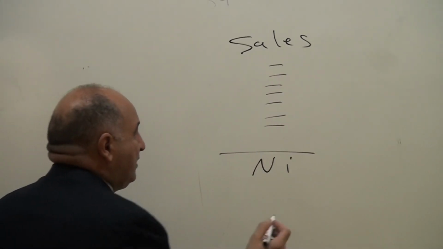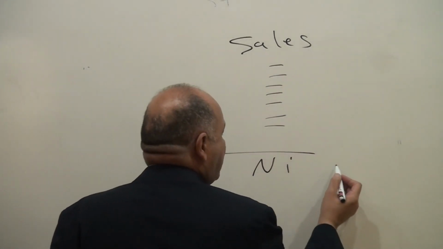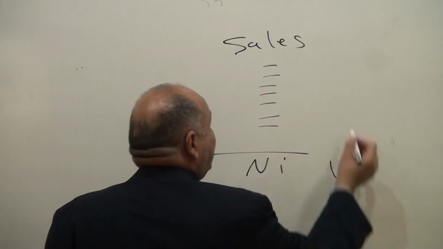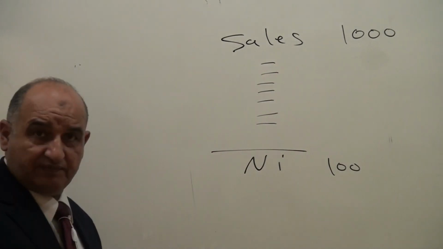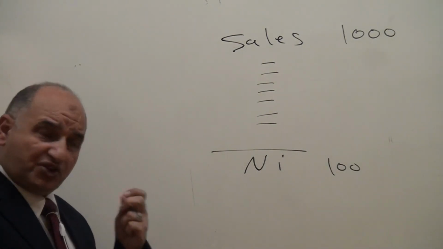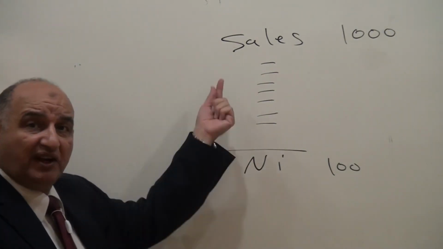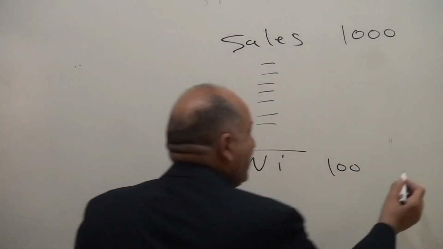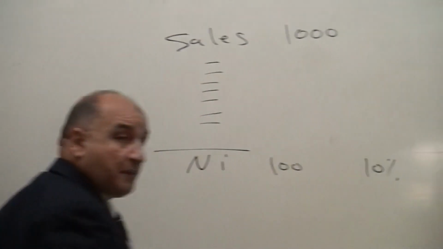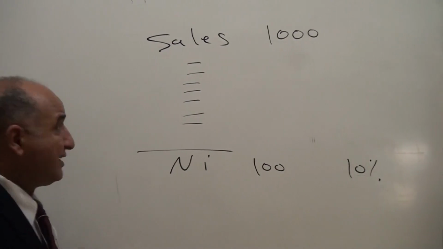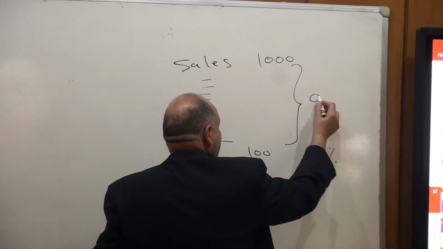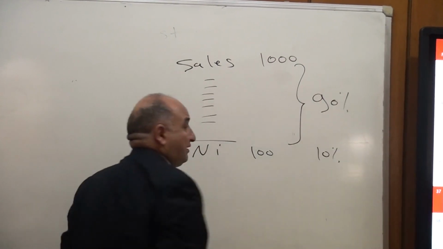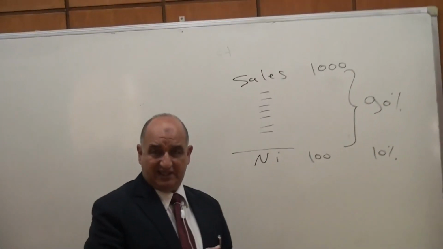Assume we have net income equal to 100 and our sales are 1,000. Profit margin equals net income divided by sales, which equals 10%. This means that our cost represents 90% of our total sales.